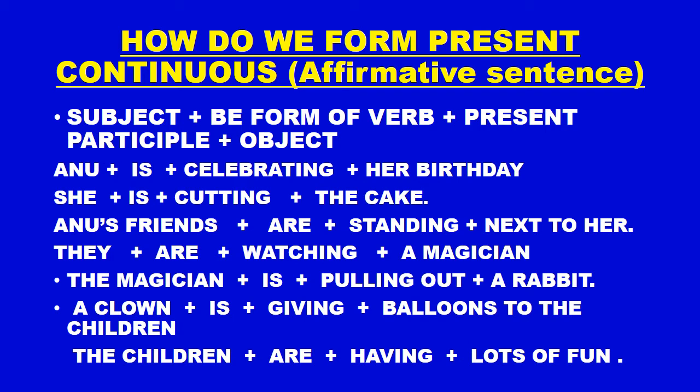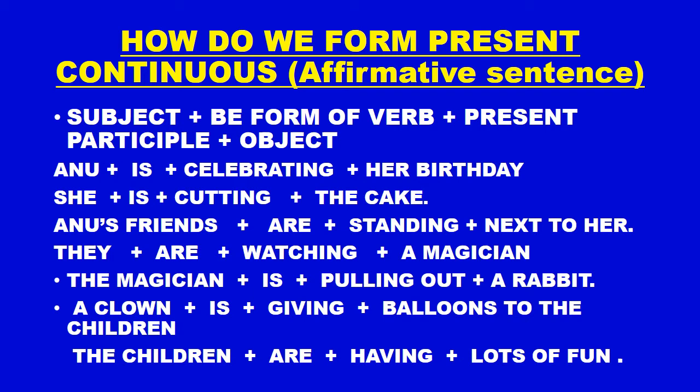In the present, we use is, am, or are. They are the be forms of verbs. Then comes the present participle form of the verb, which I have already told you, the verb in the ing form, celebrating. And then comes the object, her birthday.